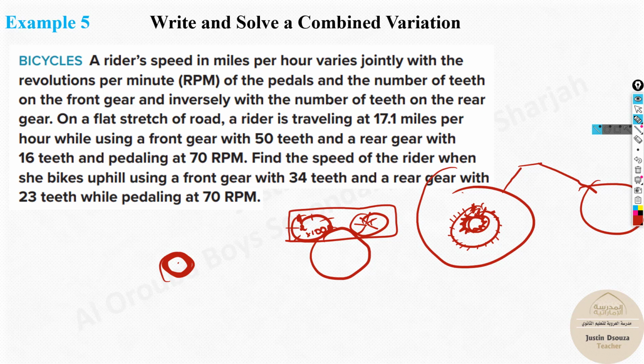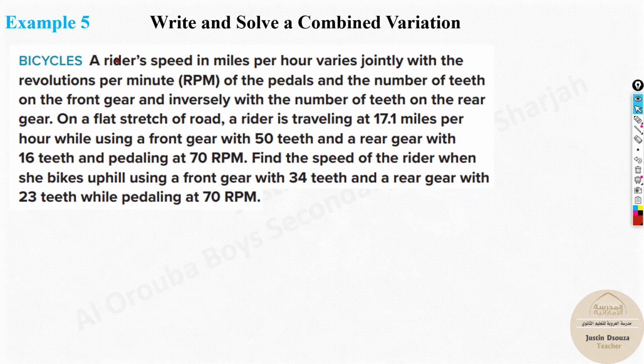Now over here, let's see what exactly has been told. So the rider's speed in miles per hour jointly varies. Jointly means directly varies. Now I'll write it as I read it. For the speed, I will take it as S1, which equals, it's jointly varying with the RPM of the pedal.